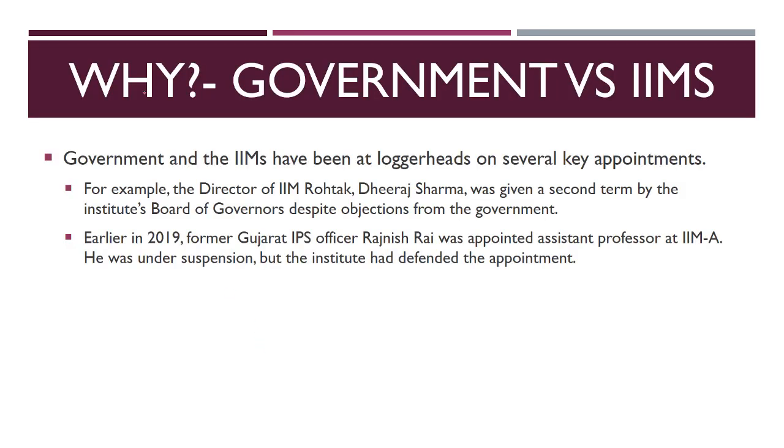Now let us see why this happened. What were the problems found which led the government to take this step? It was recently reported in many media articles that the government and the IIMs were not on the same page on many issues. For example, at IIM Rohtak, the board appointed Dheeraj Sharma as the director. In the first term, when the appointment was sent to the government, it cleared it.